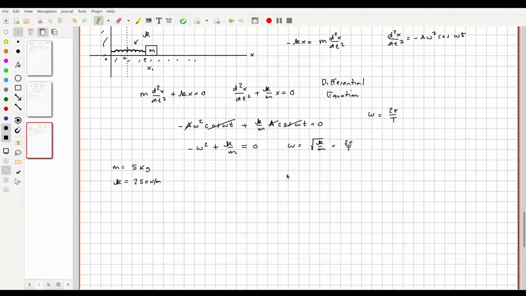So if I want the period, all I do is solve for it. It would be 2 pi times the square root of m over k, since it would be switched whenever I switch places there. It's 5 kilograms over 250 newtons per meter.